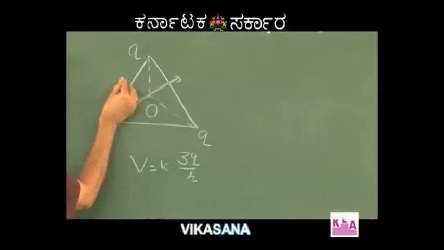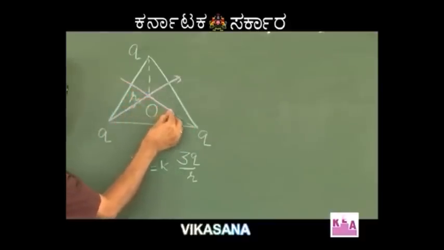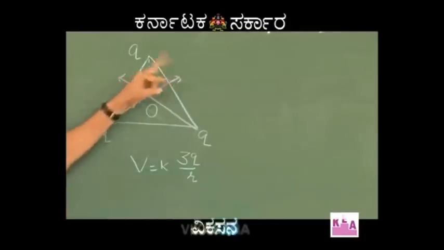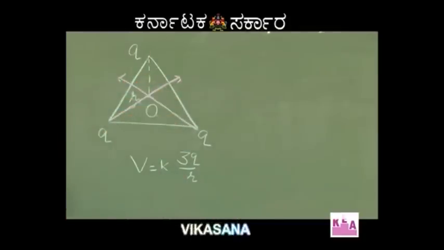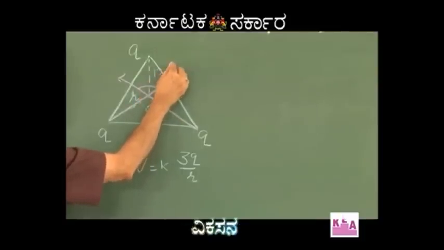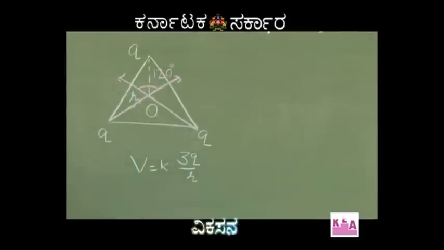This charge will exert an equal force, which is also a force of repulsion, as shown in the figure. By the geometry of the figure, you can easily conclude that the angle between these forces is equal to 120 degrees.